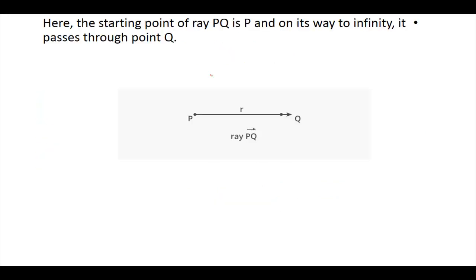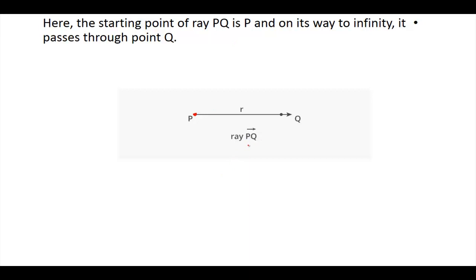Okay, so let's see this one. Here the starting point is represented by the point P. Does it end at Q? Of course not. The Q here is not the ending point, and it hasn't any ending point. So the ray PQ is represented by this form.